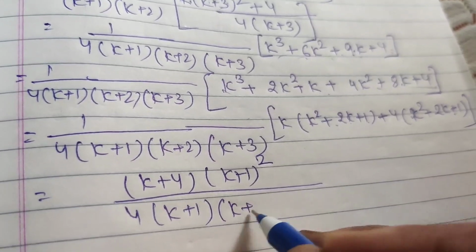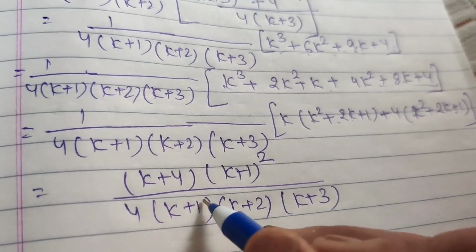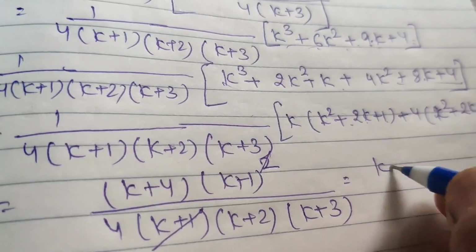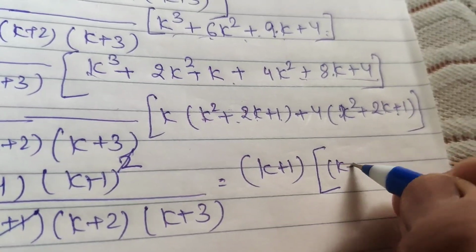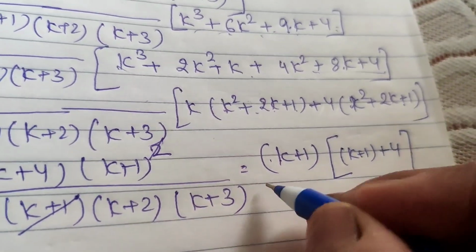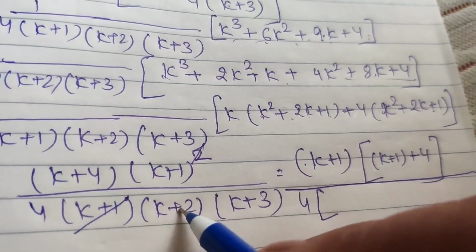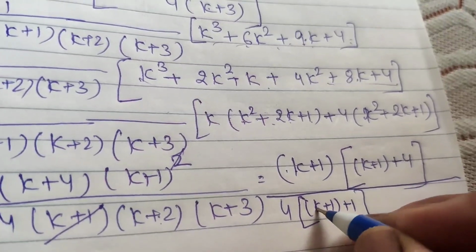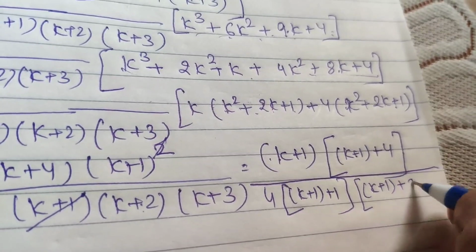The denominator is this. Cancel the common term (k plus 1). Now rearrange: we can write (k plus 1) plus 3 as (k plus 1 plus 3) over 4. Here k plus 2 can be written as (k plus 1) plus 1, that is n plus 1, and k plus 3 as (k plus 1) plus 2.